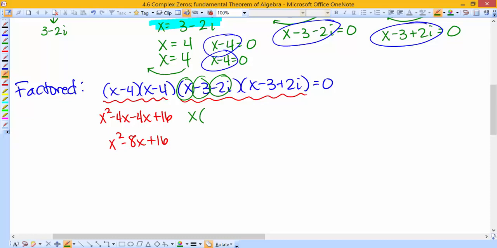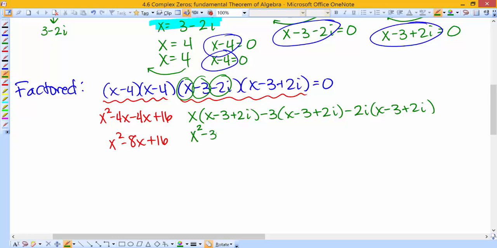So I'm going to have x times the second parentheses, -3 times the second parentheses, -2i times the second parentheses. So I distribute. This helps keep your work more organized. If you can use mental math and keep track of what you're multiplying, that's fine. You don't need to write this out.